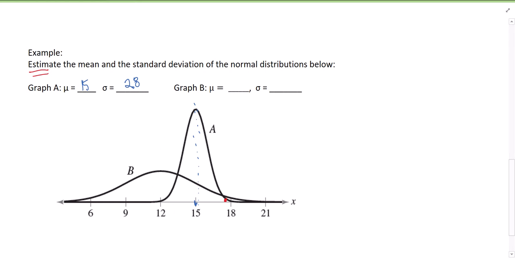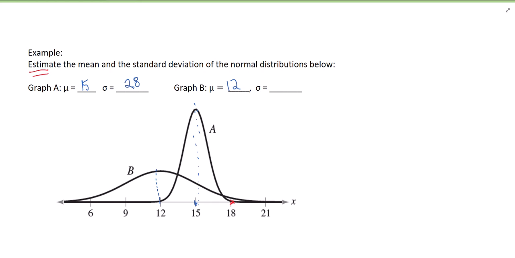Now, what about B? For B, the mean seems to be the tallest portion of the graph, the middle of the bell shape. So that appears to be 12. And what about the standard deviation? What would you say it is? Notice that where it changes curvature, it looks like it's right about 18.